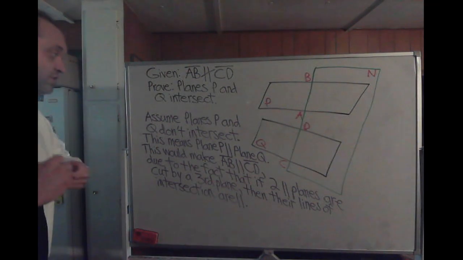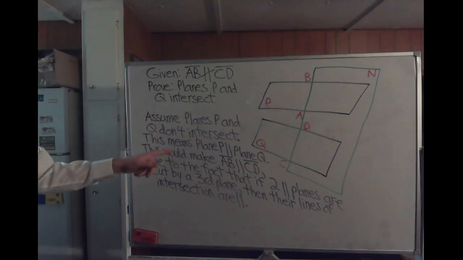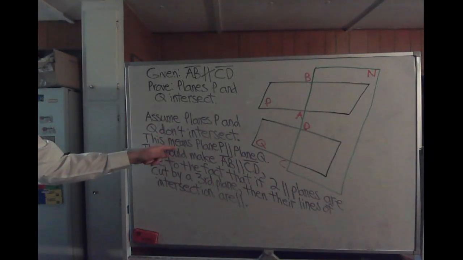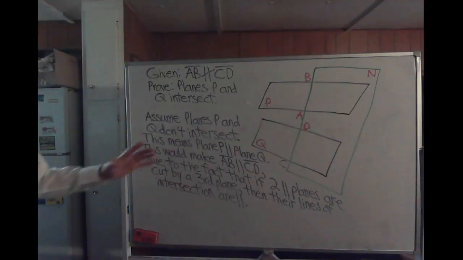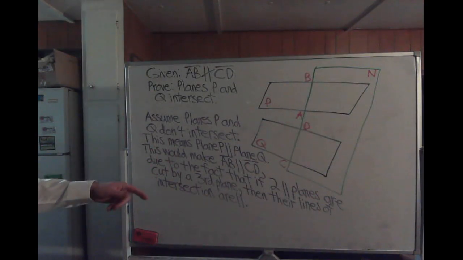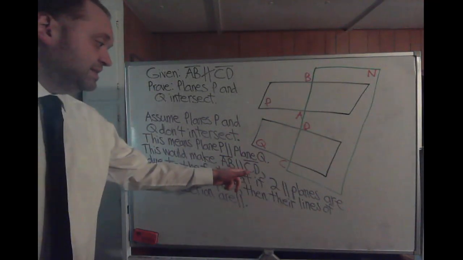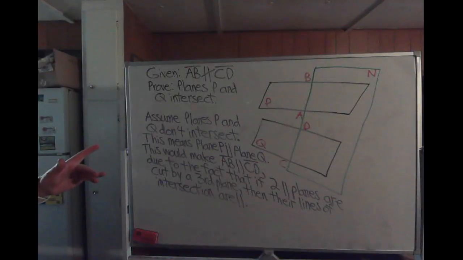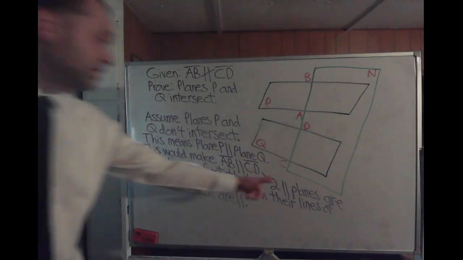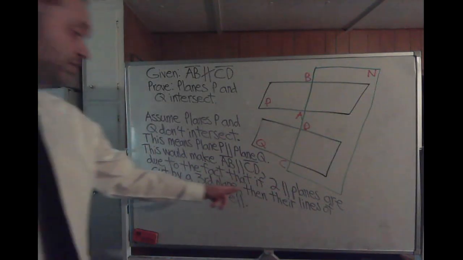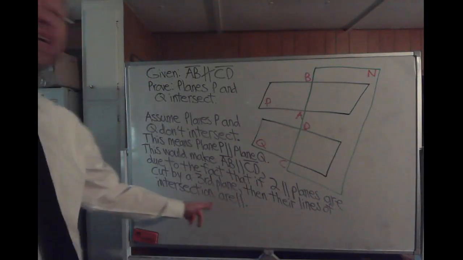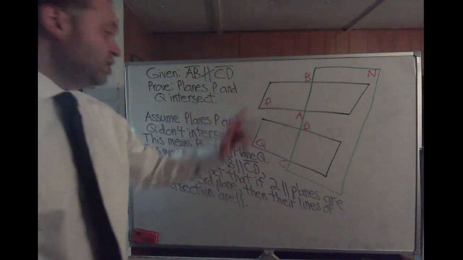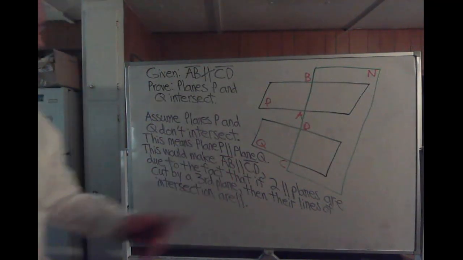So far we assume that planes P and Q don't intersect. This means planes P and Q are parallel to each other. This would make lines AB and CD parallel to each other due to the fact that if two parallel planes are cut by a third plane, then their lines of intersection are parallel. That's where we could draw the conclusion that AB is parallel to CD.